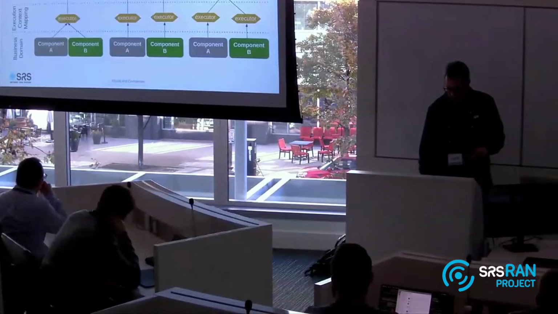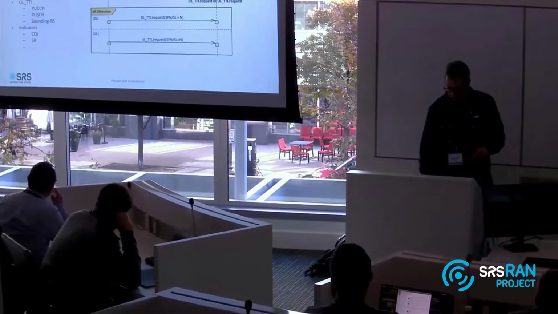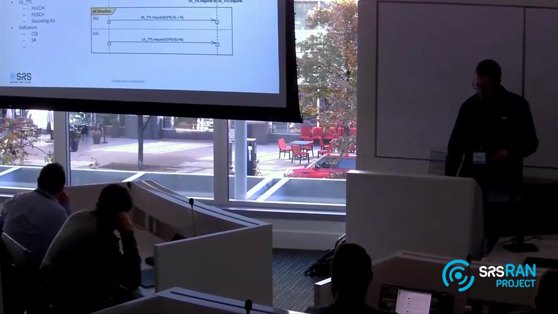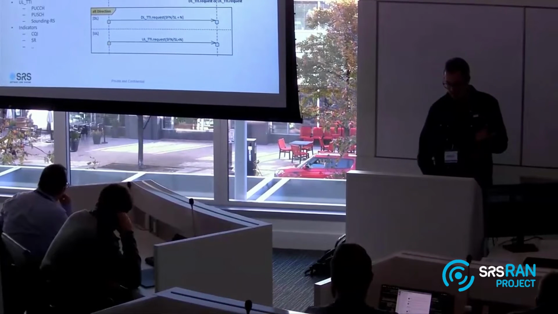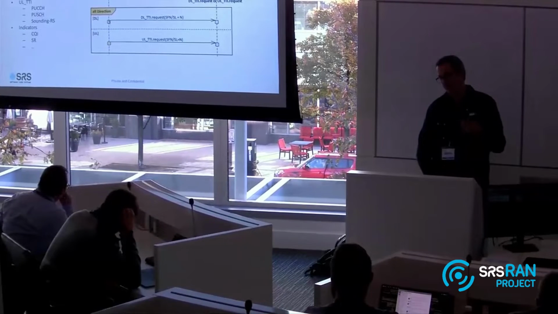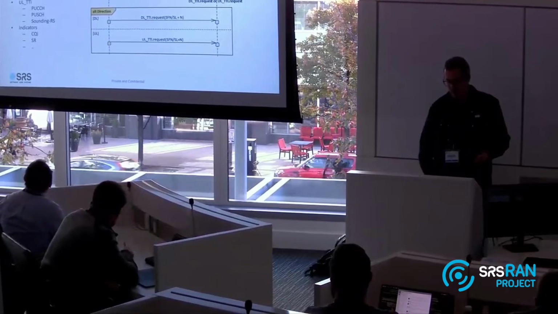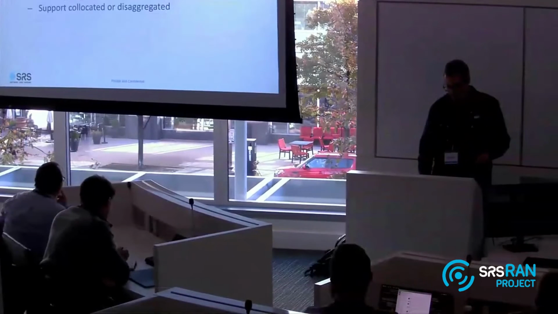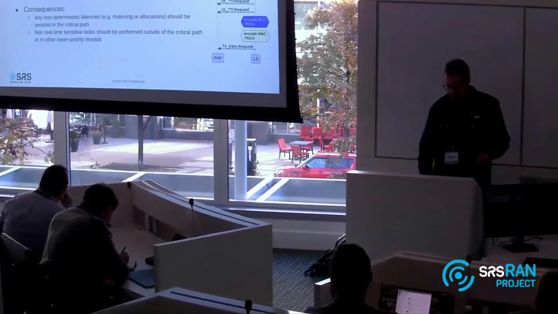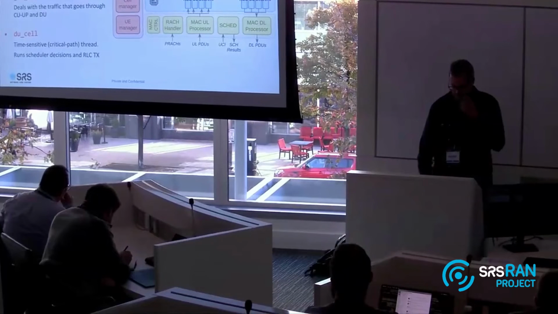So we saw before in this FAPI diagram that the PHY sends the slot indication. Then the scheduler has some time, it's one slot actually, to generate these two messages. So this task runs in this thread because this is a very critical task, needs to run in high priority.